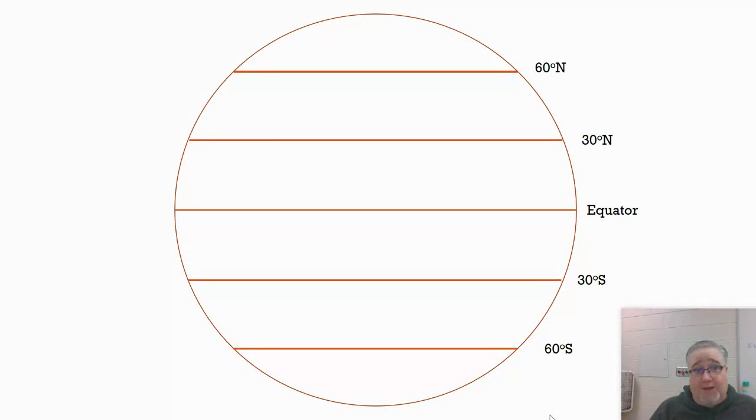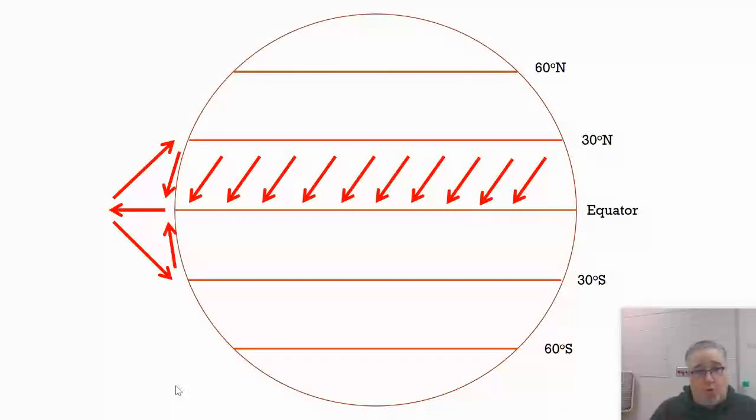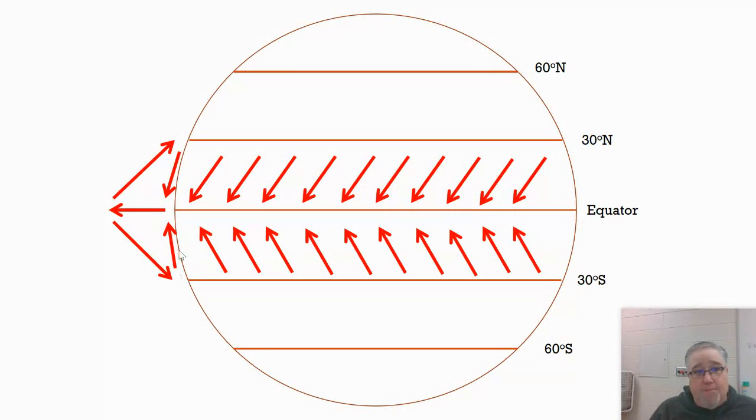All right, so let's kind of go back to our Hadley cells, right? Hadley cells, the air rises at the equator, and then it drops to 30 north, and it drops to 30 south. But the air circulates back towards the equator.